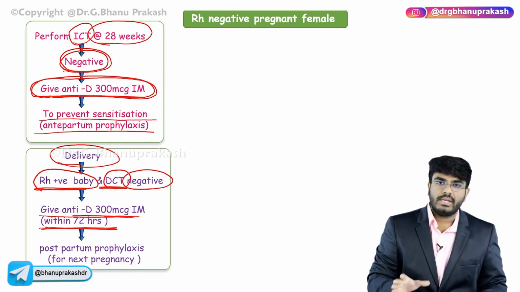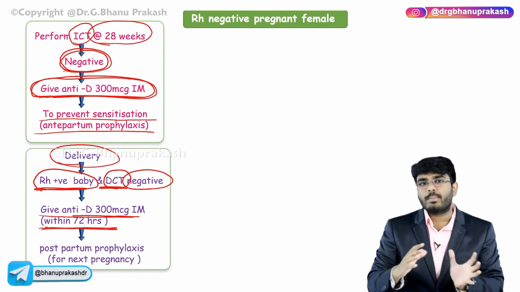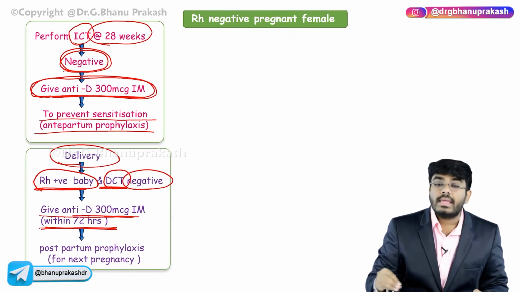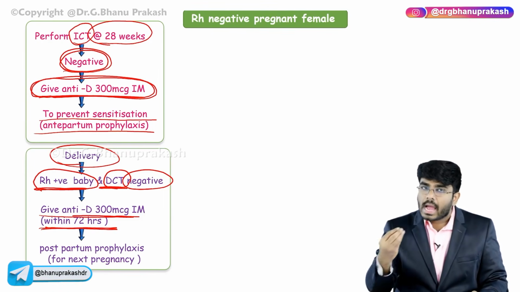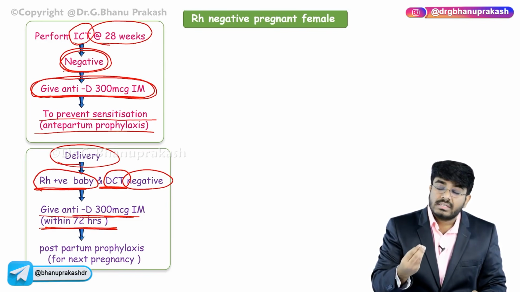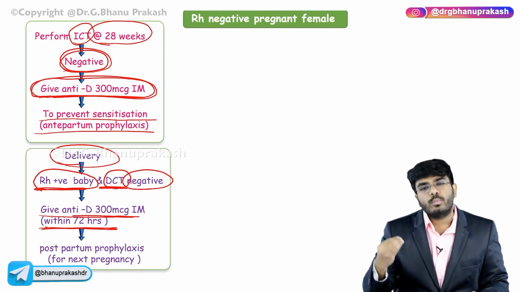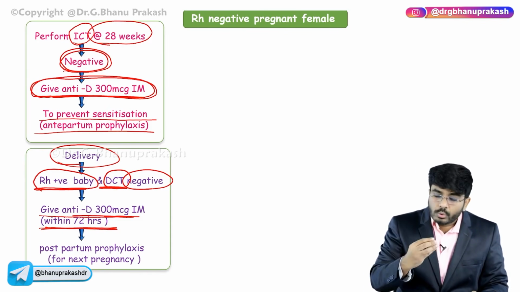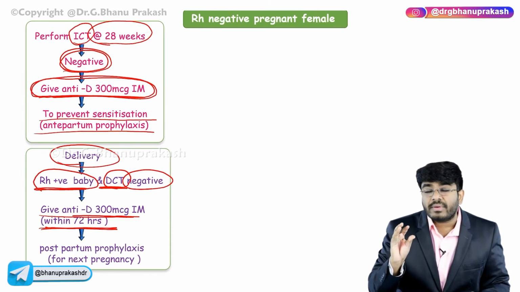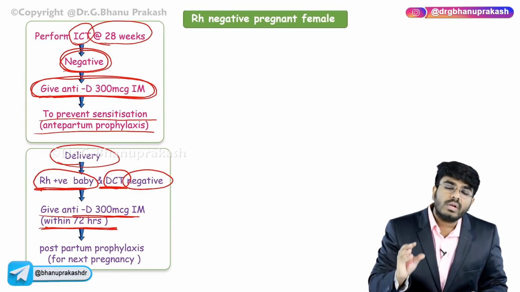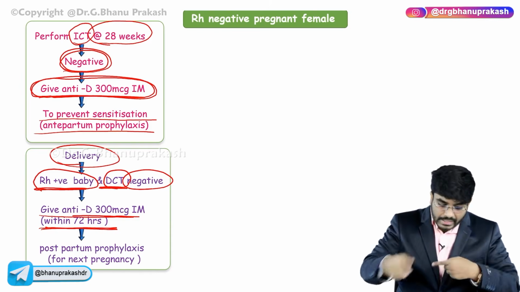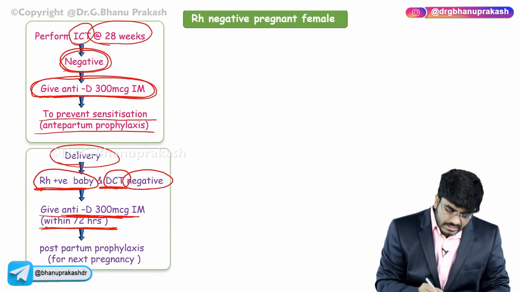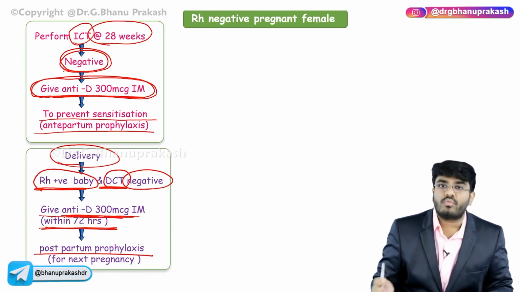During the process of labor and delivery, some amount of fetal blood can enter into maternal circulation, and this fetal blood can stimulate the maternal immune system. So you have to neutralize these fetal RBCs. In order to neutralize them, again give anti-D postpartum. So this is a postpartum prophylaxis.